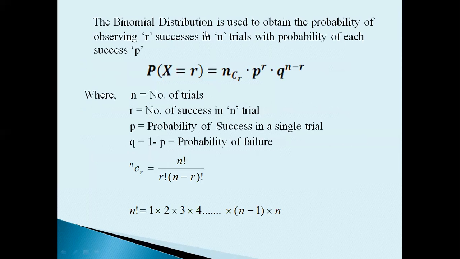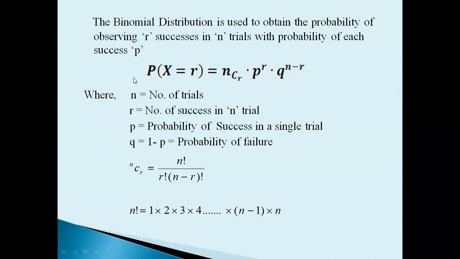The binomial distribution is used to obtain the probability of observing r successes in n trials, with the probability of each success p. The probability of x equal to r is equal to nCr into p raised to r into q raised to n minus r.